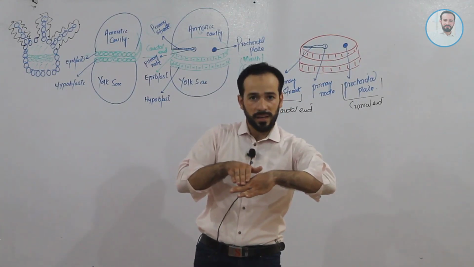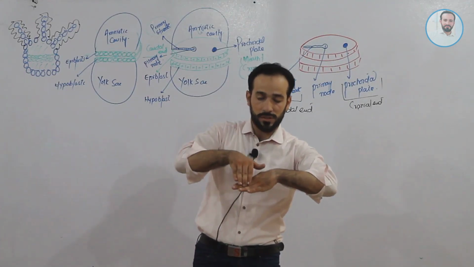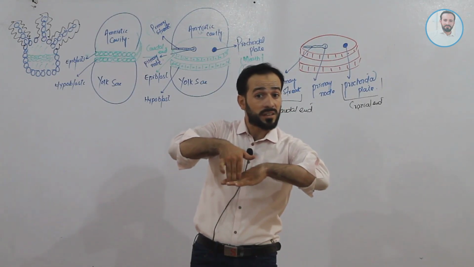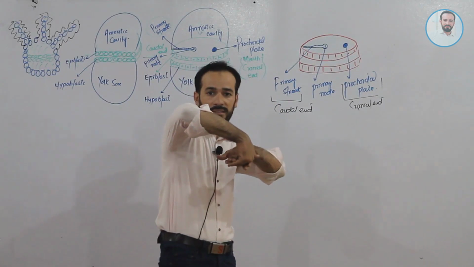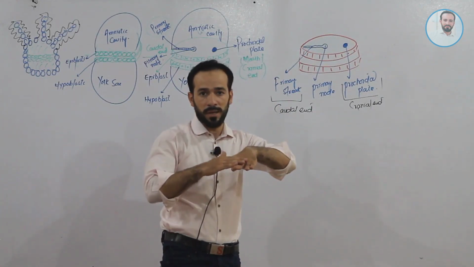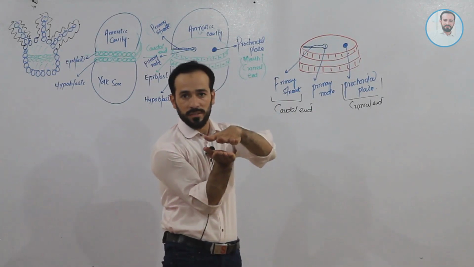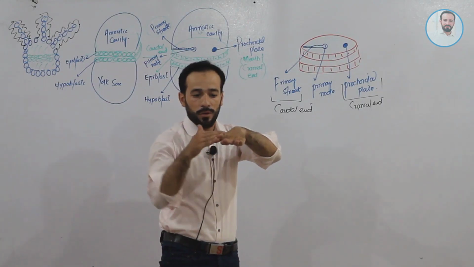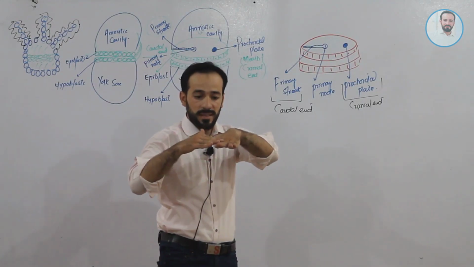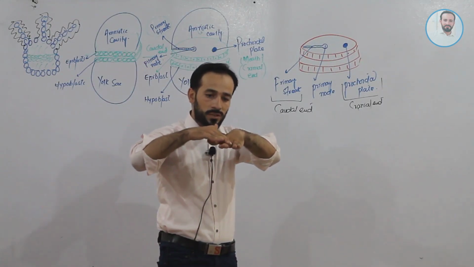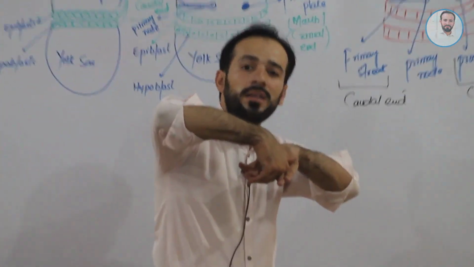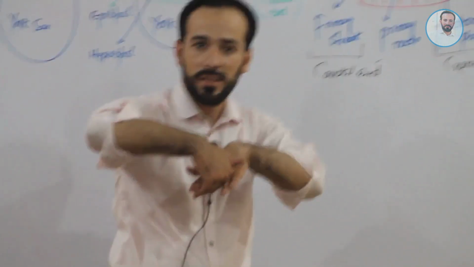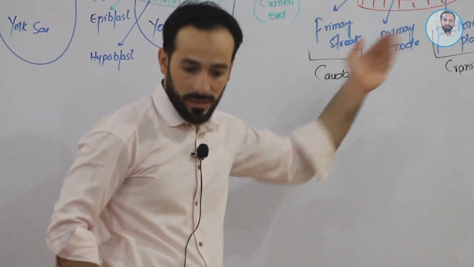These cells are coming below the epiblast layer, right? Like this. Look, this is our epiblast, and consider this as hypoblast. From the epiblast, cells are multiplying and moving towards the primary streak and are coming below the epiblast layer, right? Let's see it in the diagram.